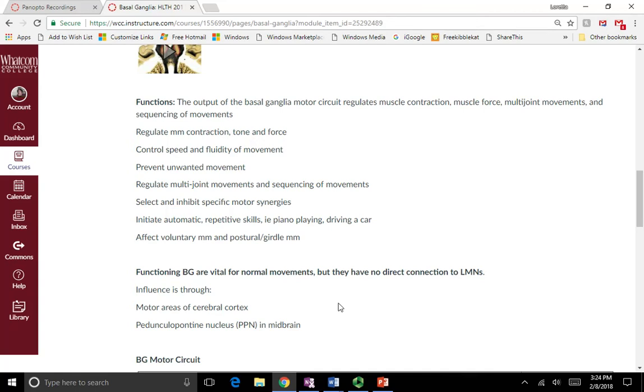A lot of times in therapy, with people with basal ganglia dysfunction, we end up relearning these automatic repetitive skills because they do have to think about it. They don't have the basal ganglia in the background making those decisions and controlling processes.